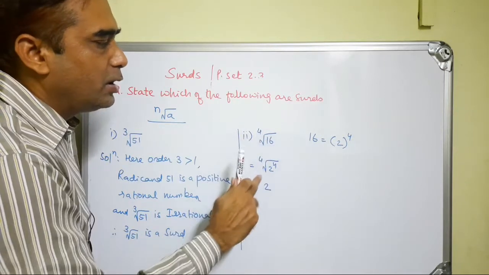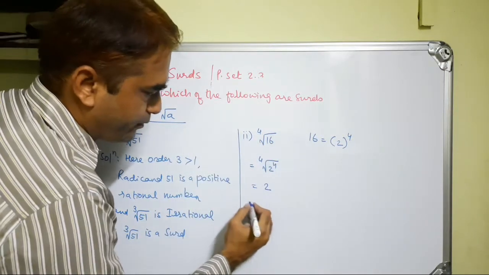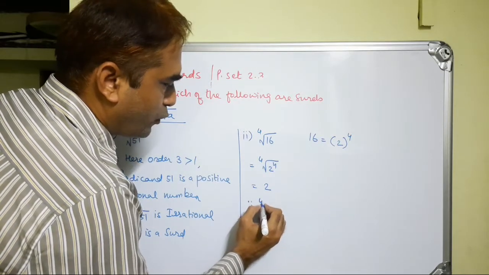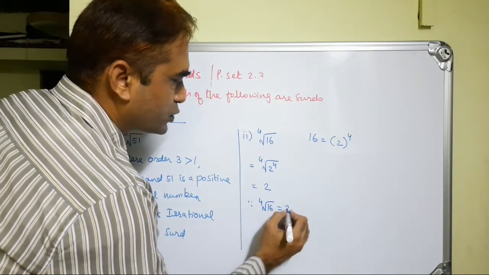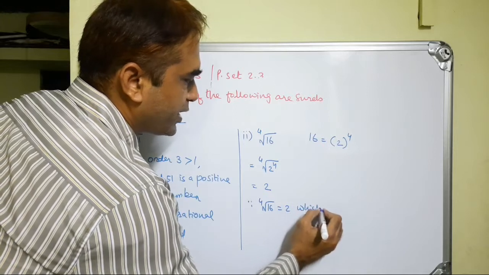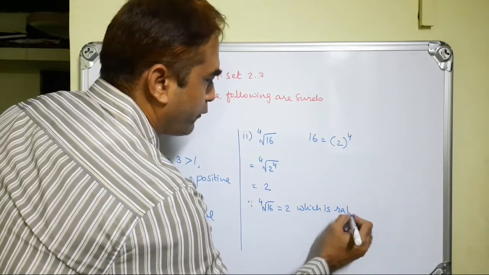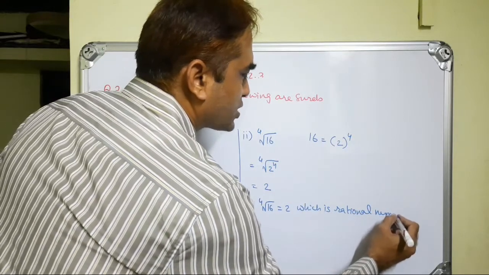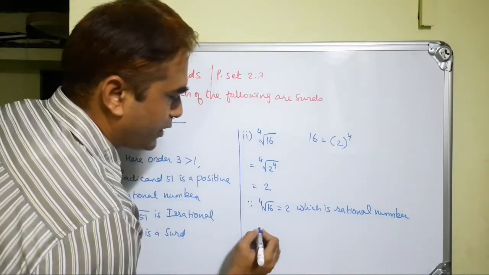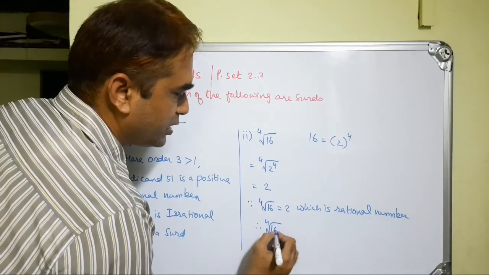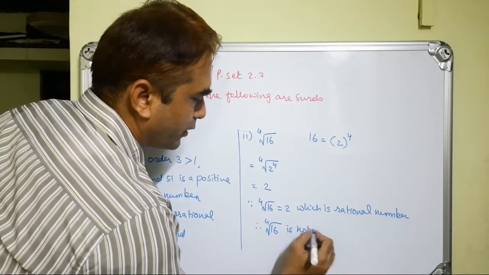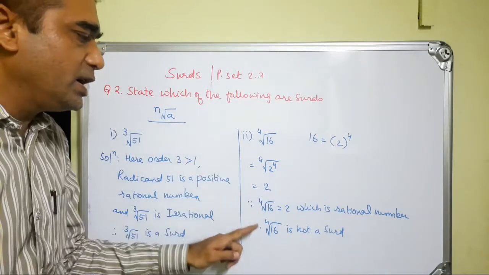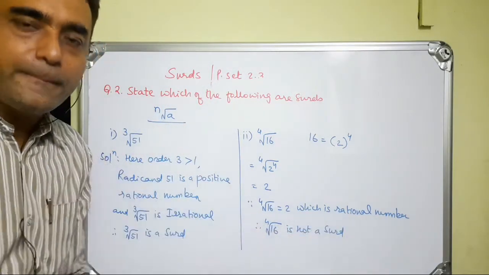Therefore, this number is not a surd. It is not a surd because the value is a rational number. Okay.